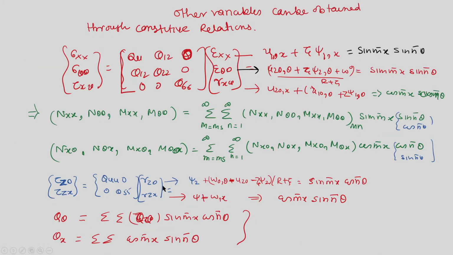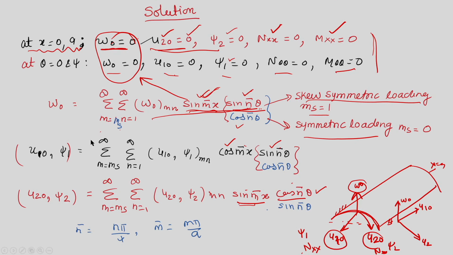Now, we are interested in how we represent nx, n theta theta, mx, m theta theta, or nx theta, n theta x. They will be sine, cosine functions or cos functions. For getting this, first, based on the boundary conditions, we can only express these 5 variables, the displacement fields.